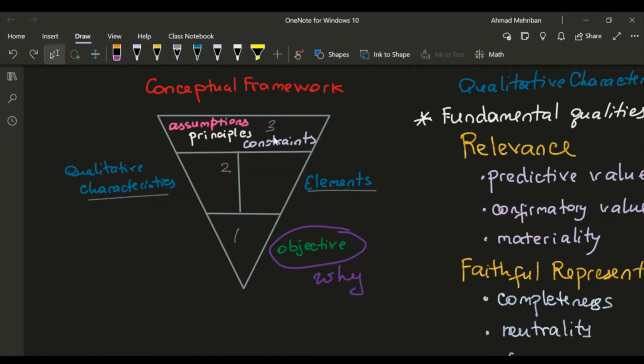Now let's move on to explain the qualitative characteristics of the conceptual framework. Qualitative characteristics allow the financial reporting to be represented in a relevant manner. It provides the most accurate and most useful information for the decision-making purposes of investors.